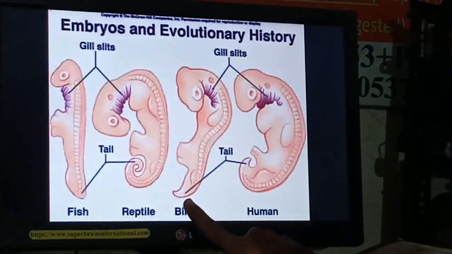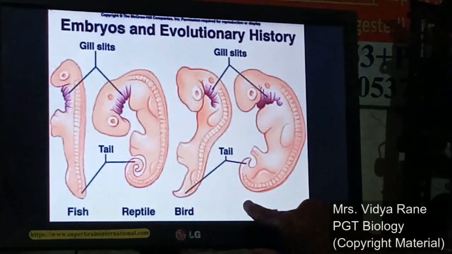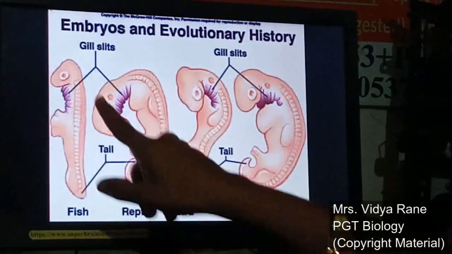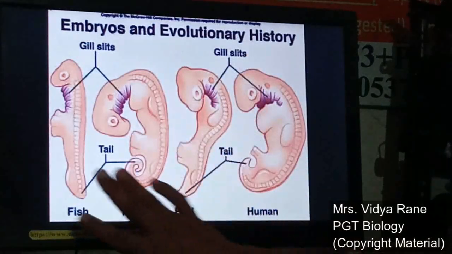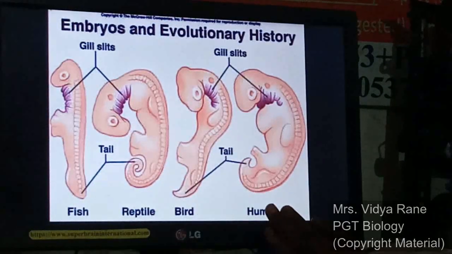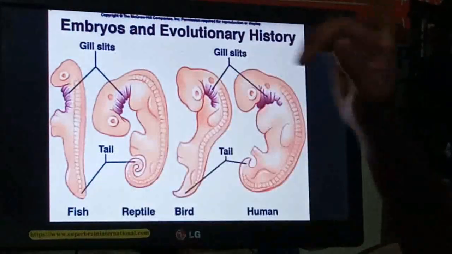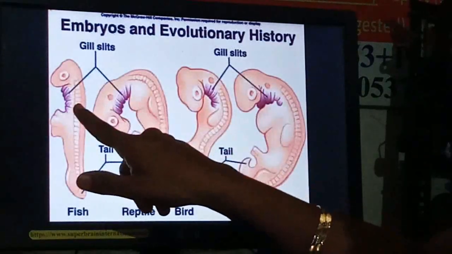Even birds have a tail of feathers. But humans don't have a tail. But still, in the embryonic condition, they have a tail and gills for respiration. Means what? All these organisms, fish, reptiles, birds and humans, evolved from one ancestor which had these characteristics.